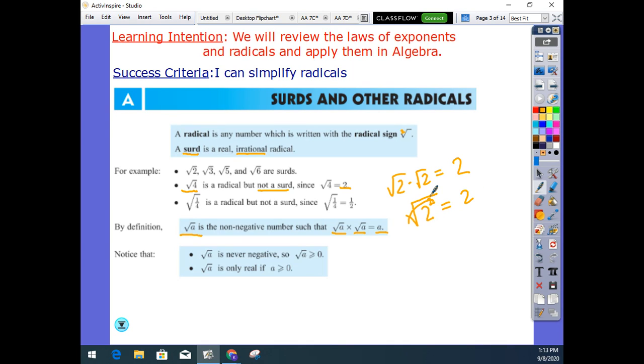These are inverses that cancel each other out. The square root of a is never negative, so it has to be greater than or equal to 0. Now, the square root of 0 is 0. Square root of 1 is 1. Very important. Never leave something as the square root of 1 or the square root of 0.